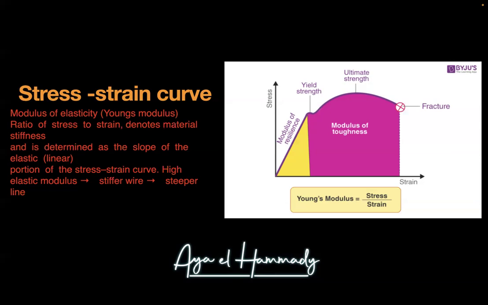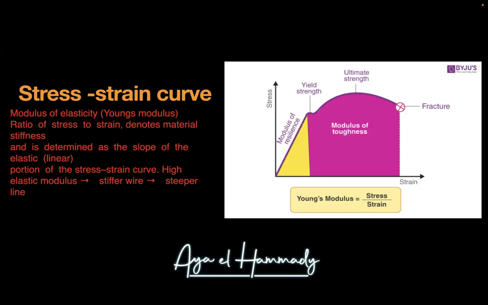There is a huge difference between what elasticity means and what modulus of elasticity means. So Layla, what is the difference here? Modulus of elasticity is the amount of stress over strain. And it tells us how much it undergoes any deformity, if it can go back to its original shape.